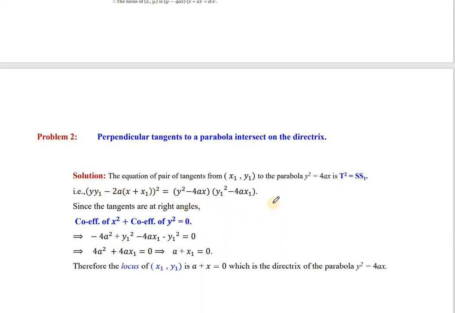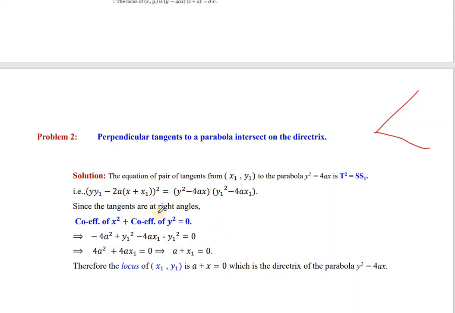Expanding this, for two lines to be perpendicular, in the first chapter itself, that is in the preliminaries, we have given that the condition for the combined equation to represent perpendicular lines is that the coefficient of x square plus the coefficient of y square equals 0.